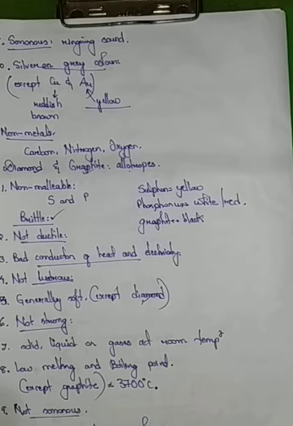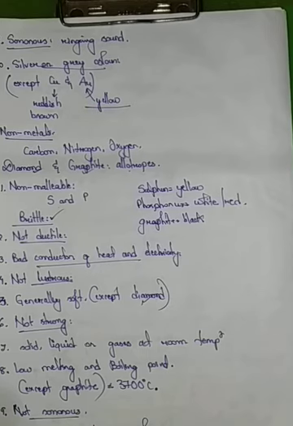Chlorine is yellowish green, bromine is red brown, and hydrogen and oxygen are colorless. So non-metals have many different colors, whereas metals usually have only a shiny or gray color, except for copper and gold. Copper has a reddish brown color, whereas gold has a yellow color.